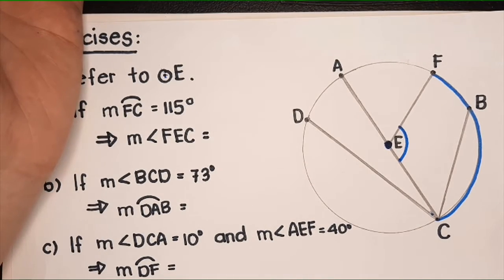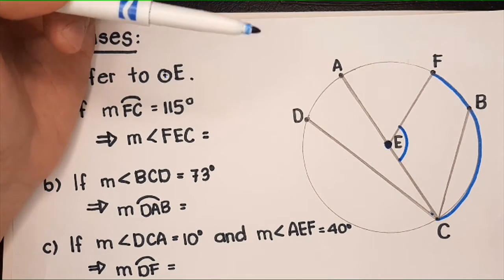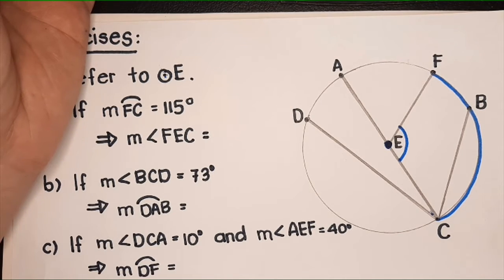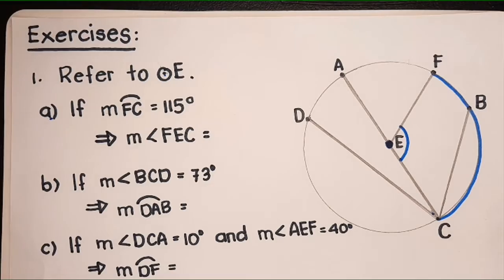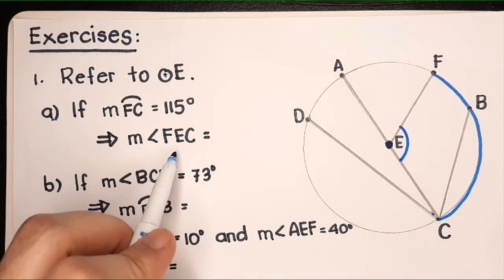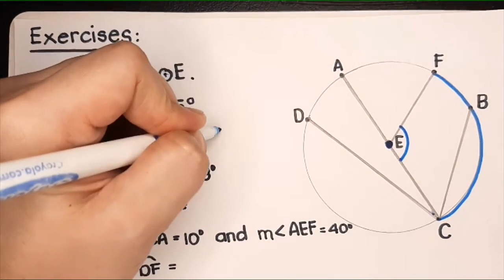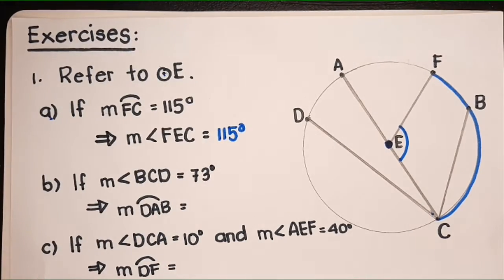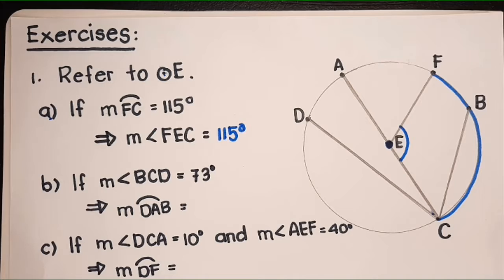And what do we know about the relationship of the central angle and its intercepted arc? They are equal. Their measures are equal. So, ibig sabihin, the measure of angle FEC is also equal to 115 degrees. Right?